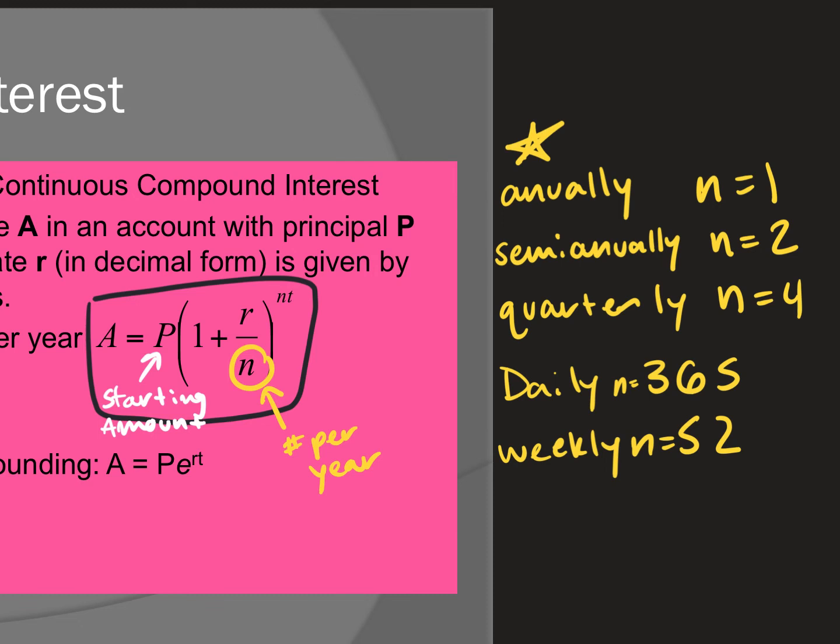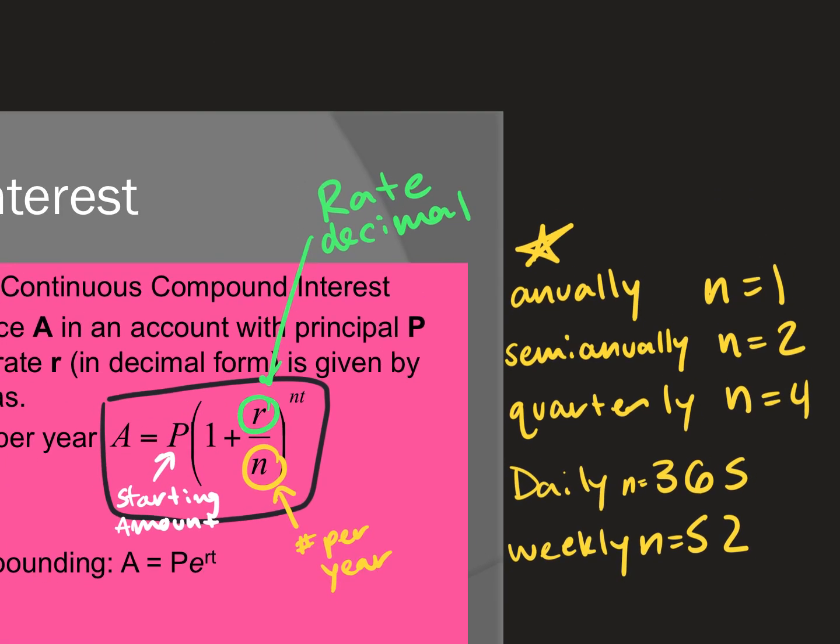We also have R, which is our rate. So that is the rate, but it is the decimal version. So if my rate was 50%, what is the decimal version of 50%? 0.5. We just move the decimal twice.